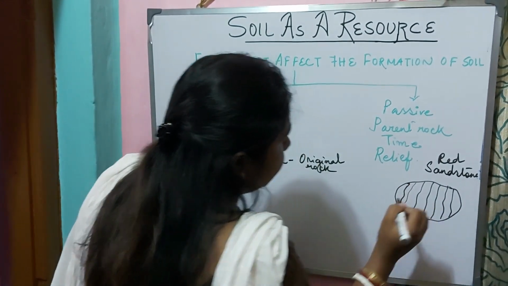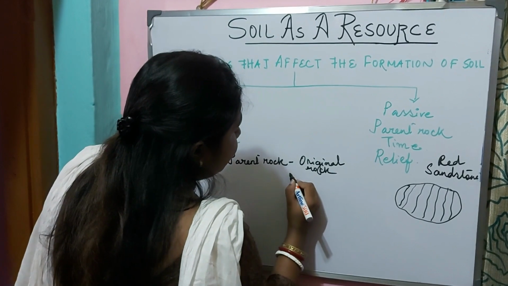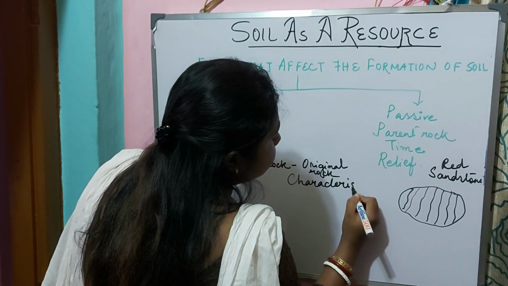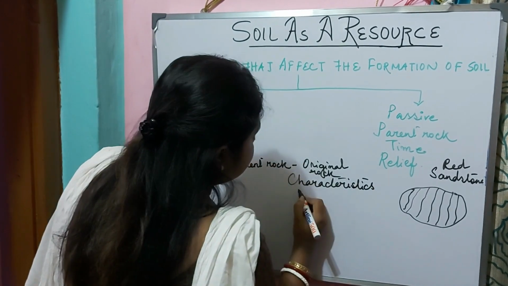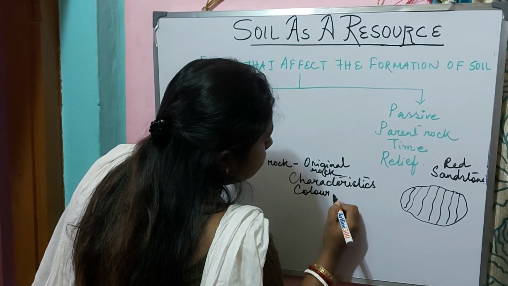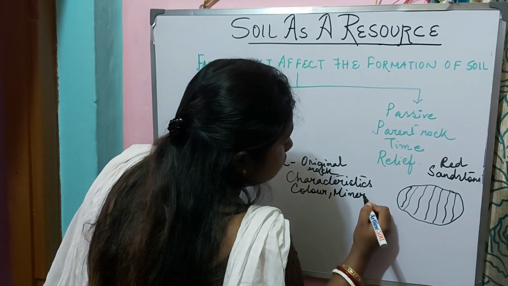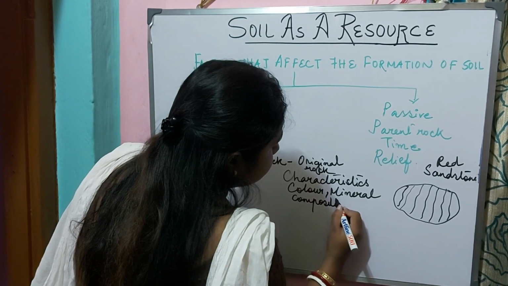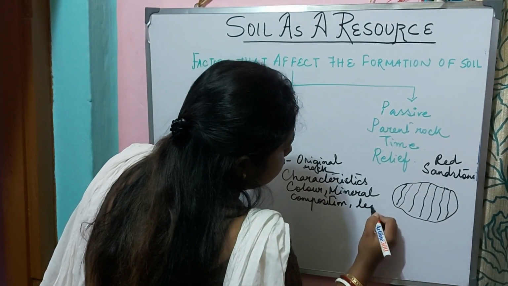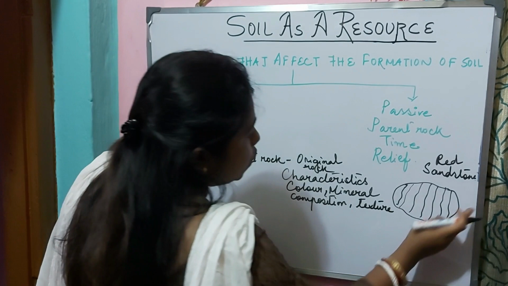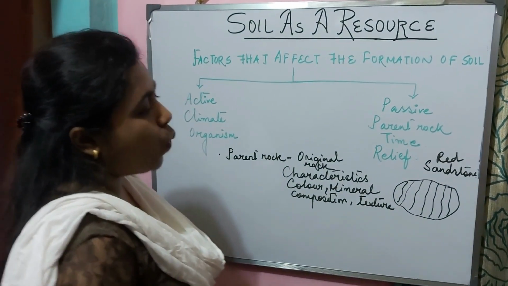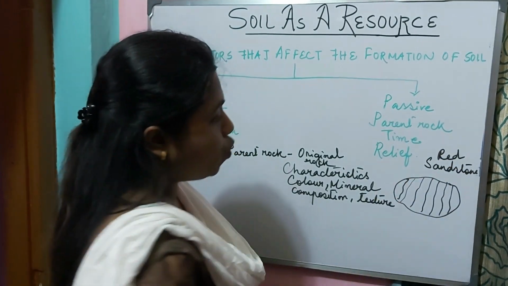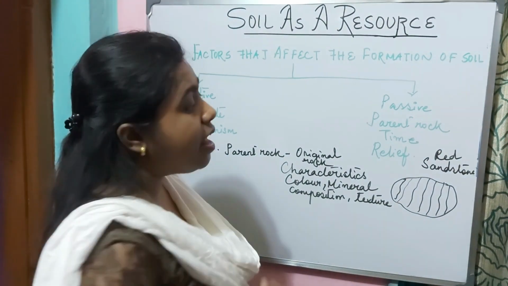So the soil will have the characteristics of the parent rock, that means color, mineral composition, texture. So in an area where soil is formed from large rocks of red sandstone, what will be the color of the soil there? Red.